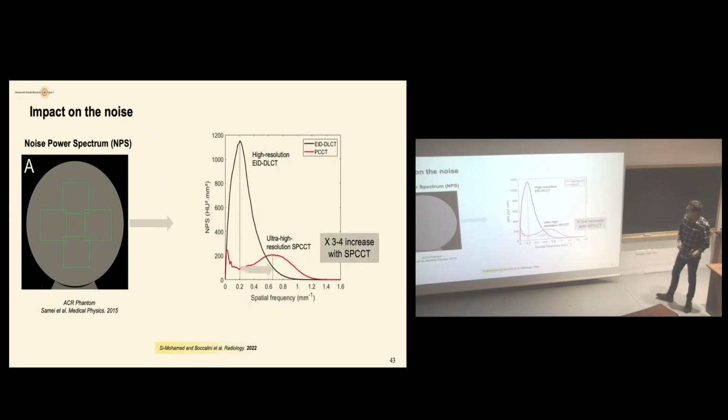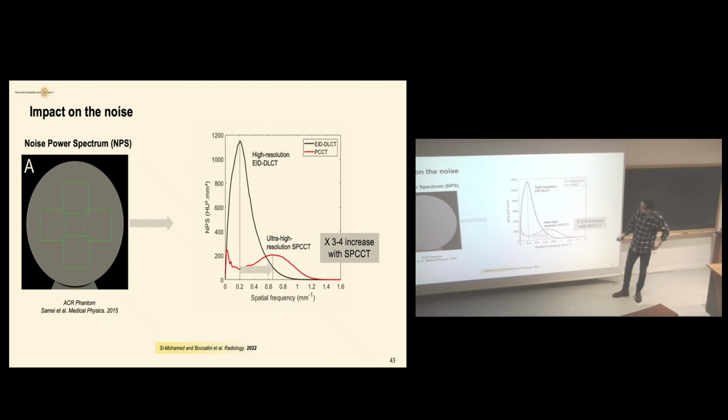So let's take an example. I like this one because it's for coronary artery disease. It's to look for plaque, some plaque really problematic. And this is the main cause of myocardial infarction, the unstable plaque.